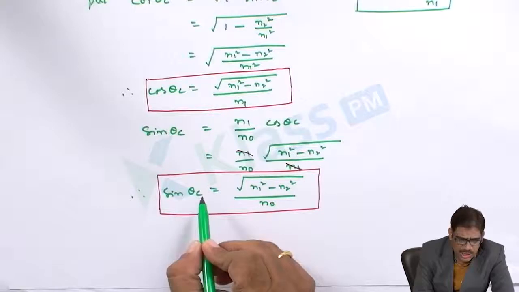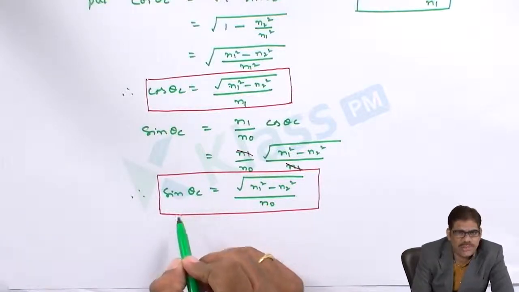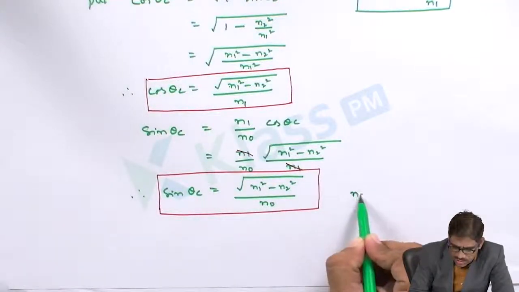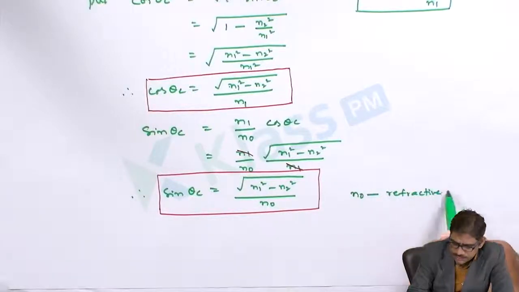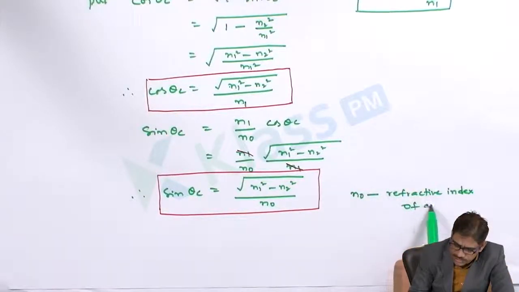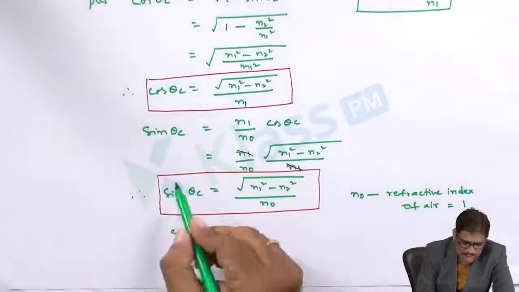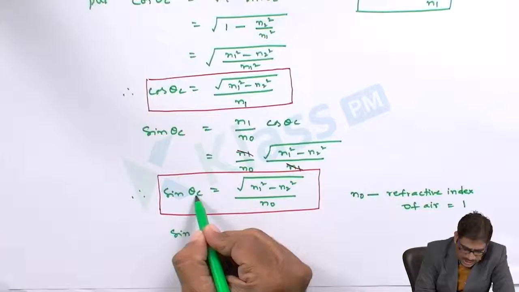Now here theta I is what we have referred to as the angle of incidence, right? Now we know that n0 is the refractive index of air, and the value for the refractive index of air is 1. So we write theta I is equal to theta c, and we can mention that one as theta I here.